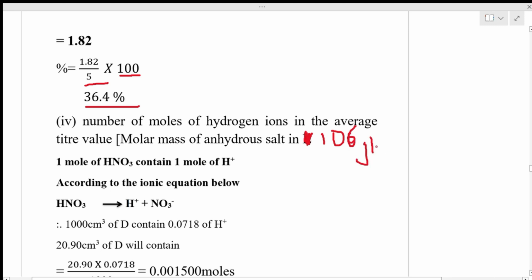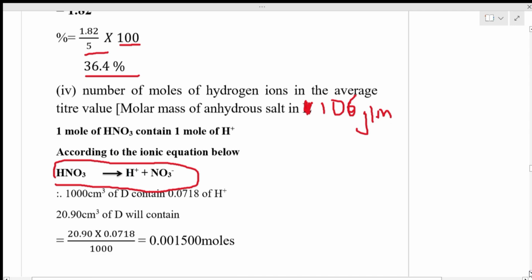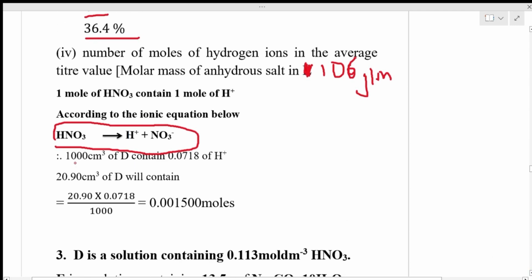Now look at this reaction. 1 mole of HNO3 contains 1 mole of H plus, according to this ionic equation you are seeing. Now look at it: 1000 cm³ of D contains 0.078 according to the question.